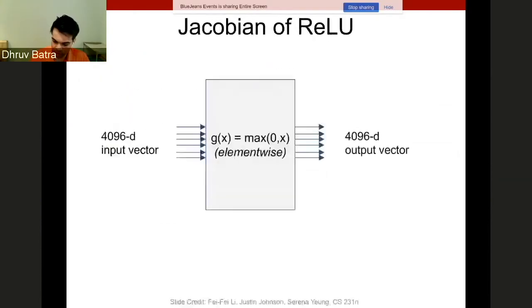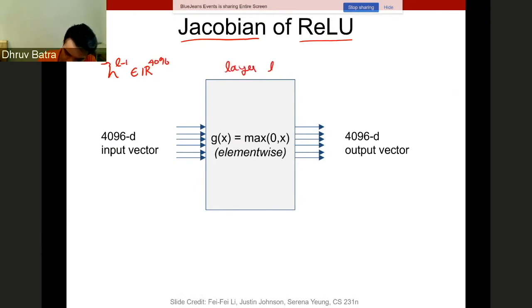Okay, let's get started with looking at the Jacobian of a rectified linear unit, or ReLU. This is something that we've looked at a few times. So remember, this is h^(L-1). Let's say this is a 4096 dimensional vector. This is some layer L in our network.